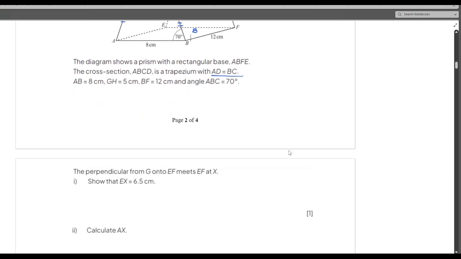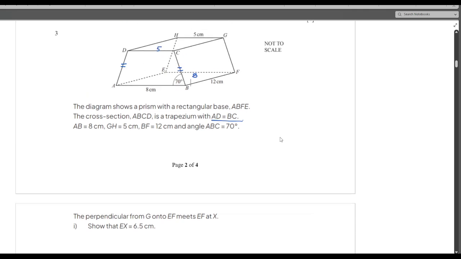Perfect. Okay. Now the first question is: the perpendicular from G onto EF meets EF at X. So I have to draw a perpendicular from this G on this EF. Okay, so let me draw this diagram separately.